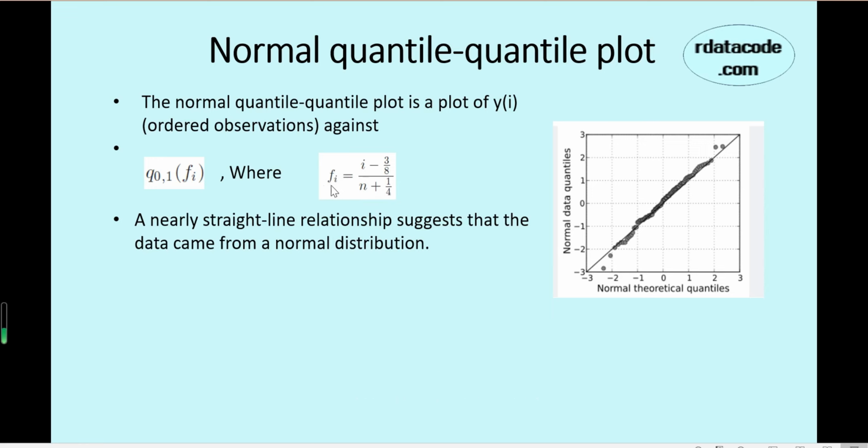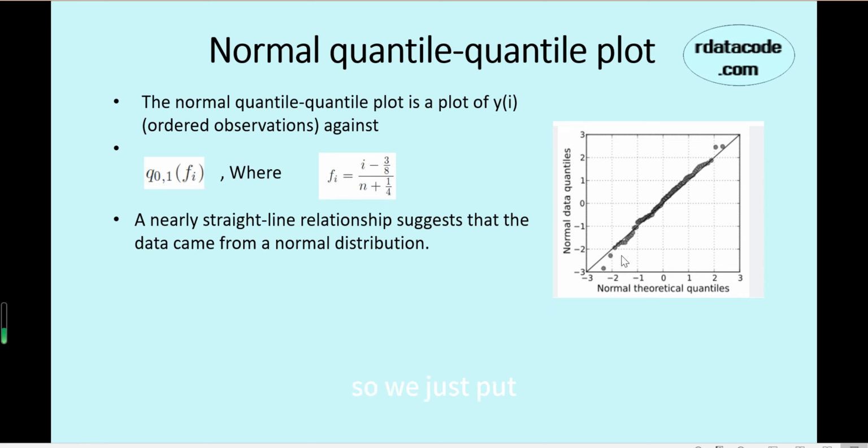Then from this Fi fraction we can get the quantile value from a standard normal distribution, and we put this quantile value here. Say you get a random sample value in this place. We find the Fi from this formula, then from the normal quantile formula we can get the normal quantile value, say maybe here.